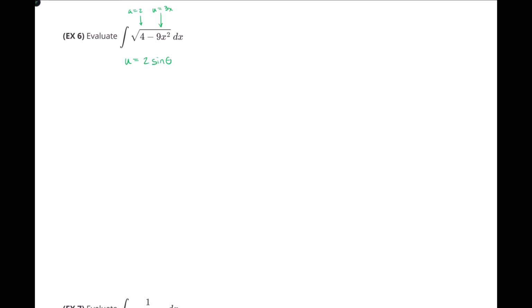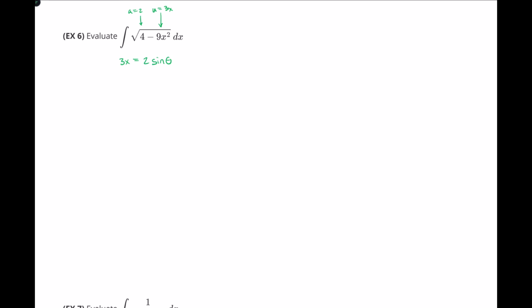But it's actually not just x equals, but it's some function u. And if that u is slightly more complex than just simply x squared, then we'd want to take that into account. So we're going to use 3x equals 2 sine theta.